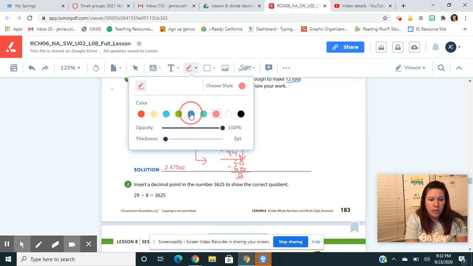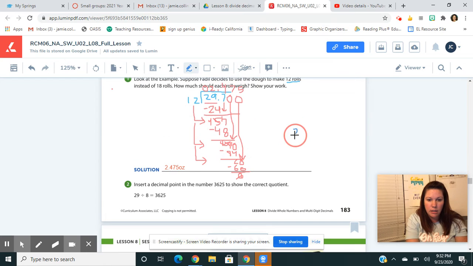So let's use dark blue. My 29 is going to go on the outside, and my 8 is going to go on the inside. And 29 will not go into 8, so I'm going to put in a decimal point.